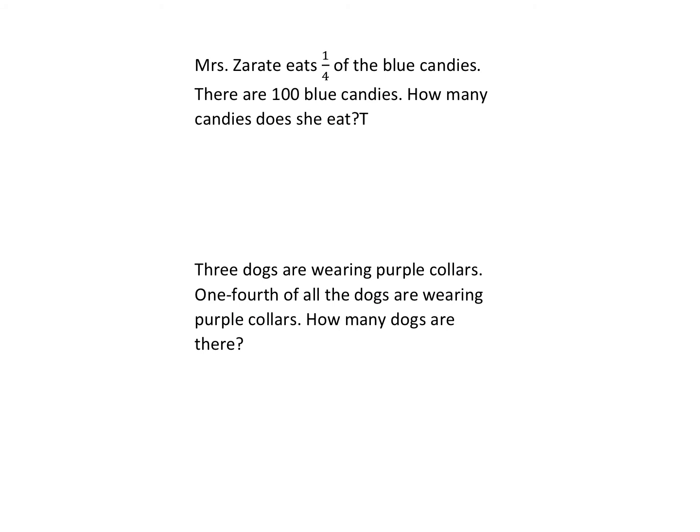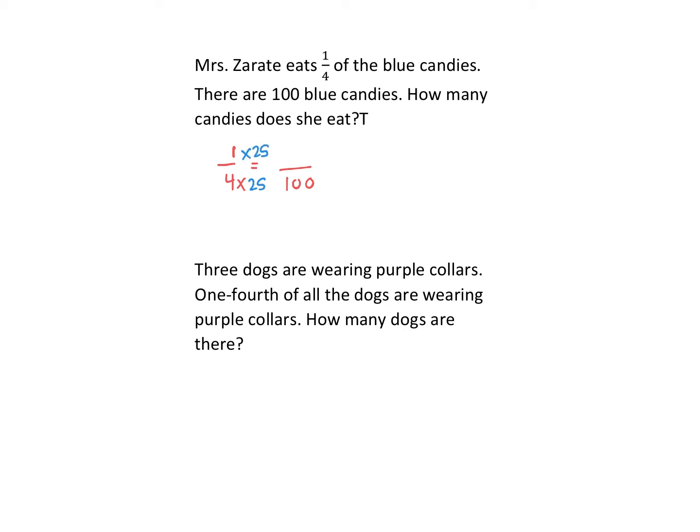Okay, here we have some applications. Mrs. Zarati eats 1/4 of the blue candies. There are 100 blue candies. How many candies did she eat in total? So we have 1/4 of the blue candies. I want to know how many would that be equal to out of 100. So what do I multiply 4 by to get 100? 25.